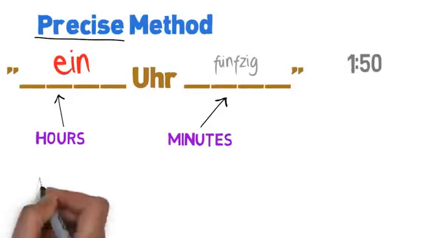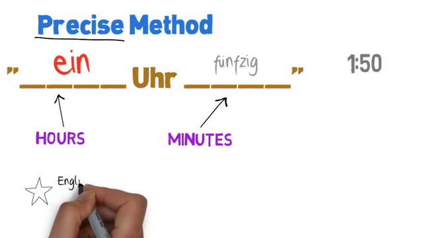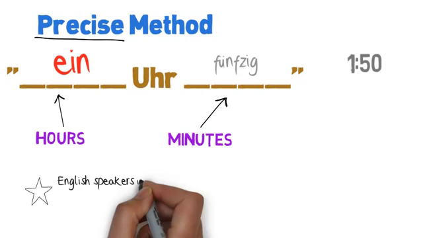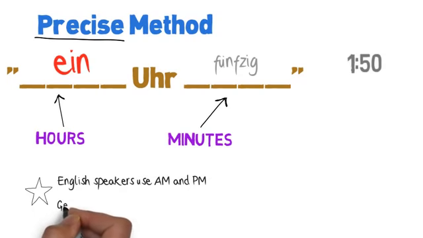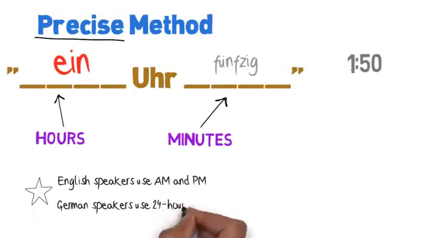But how can you tell the difference between morning and evening? English speakers use the abbreviations AM and PM, which stand for ante-meridian and post-meridian, before noon and afternoon, to show the difference between 6 in the morning and 6 in the evening. German speakers, on the other hand, use a 24-hour system, similar to our military time.